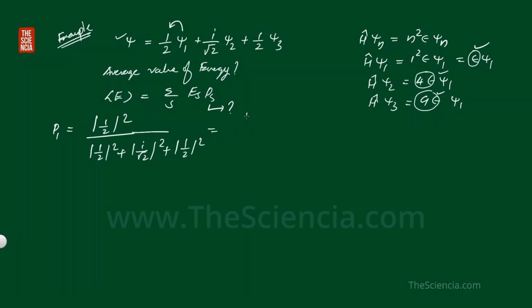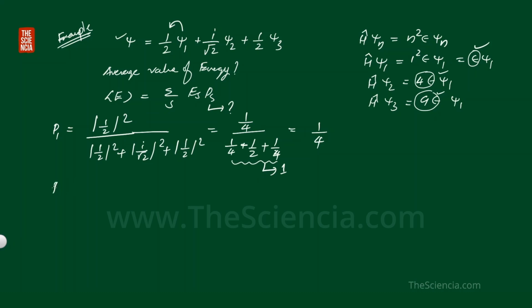That is equal to 1 by 4 divided by, if you are squaring, 1 by 4 plus 1 by 2 plus 1 by 4, which is equal to 1. So that is 1 by 4. This is a normalized wave function, that is why this value is equal to 1. If it is not normalized, we will get some other value.